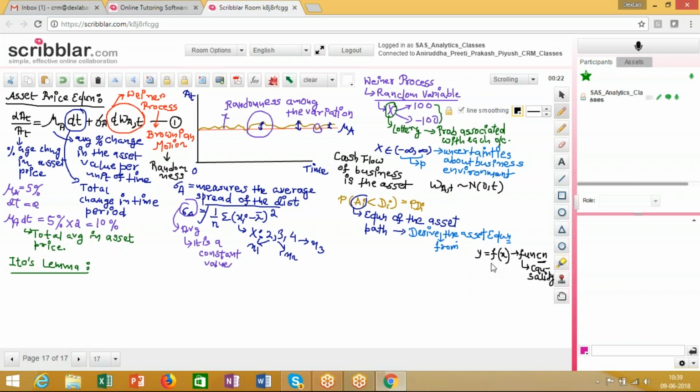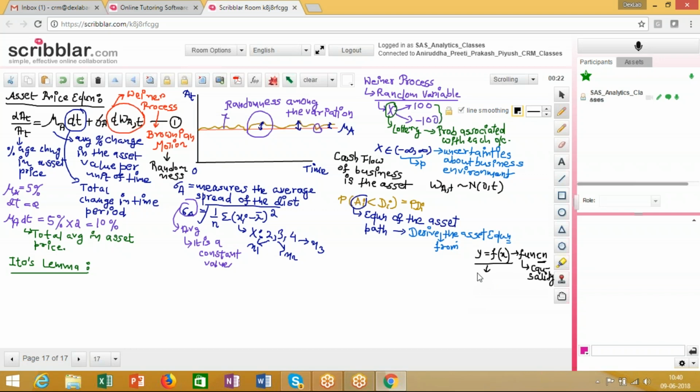Now the next question that we need to answer is, if X changes by a certain percentage, what would be the percentage change in Y? So this is the next check that we need to do.